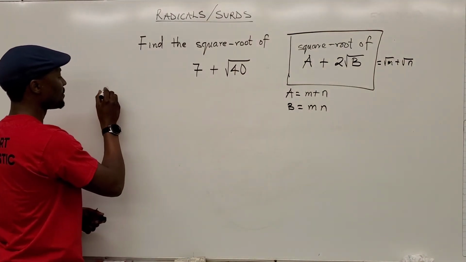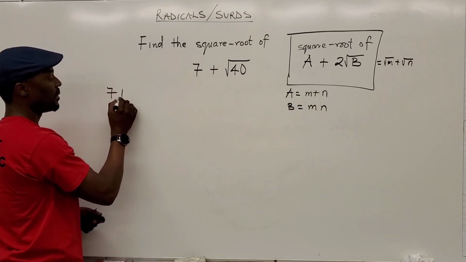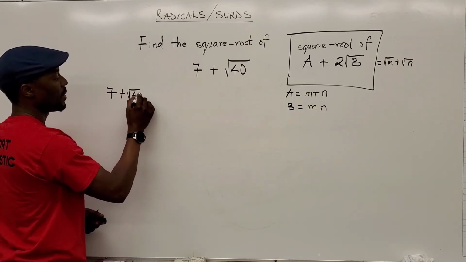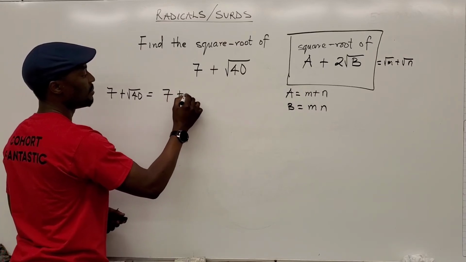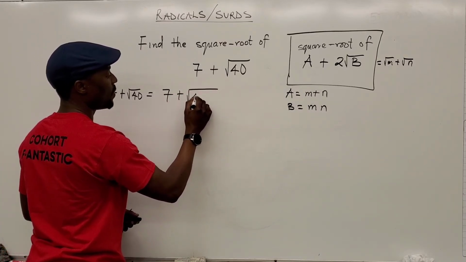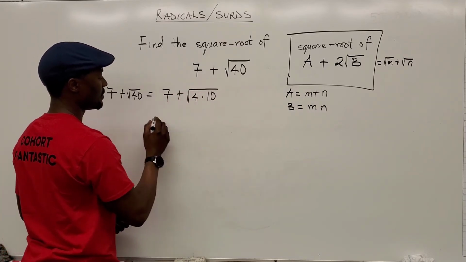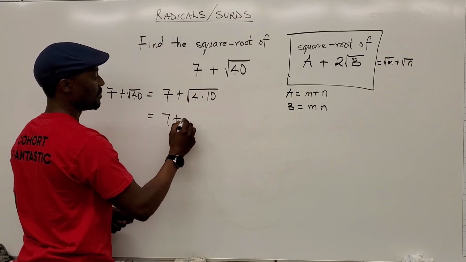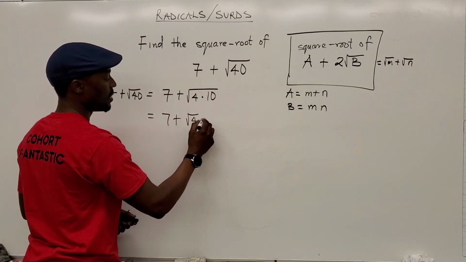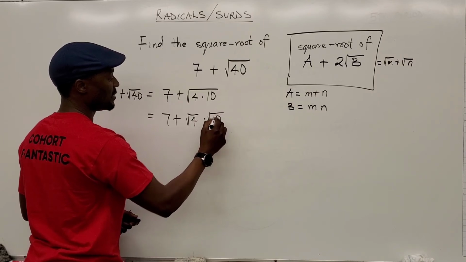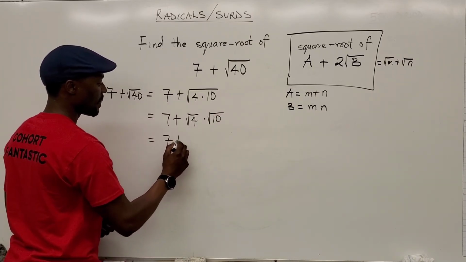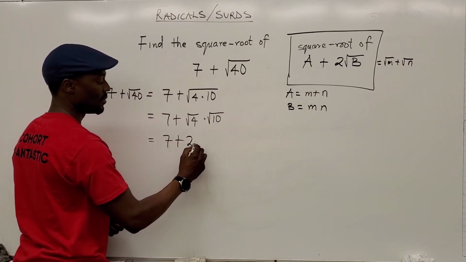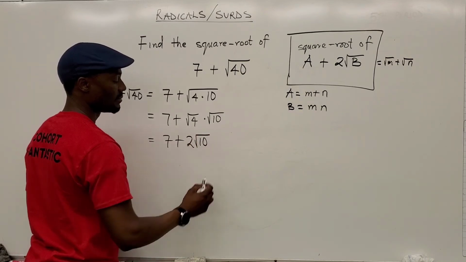So you can have 7 plus square root of 40 will be equal to 7 plus the square root of 4 times 10. This becomes 7 plus the square root of 4 multiplied by the square root of 10. And that gives you 7 plus 2 root 10.